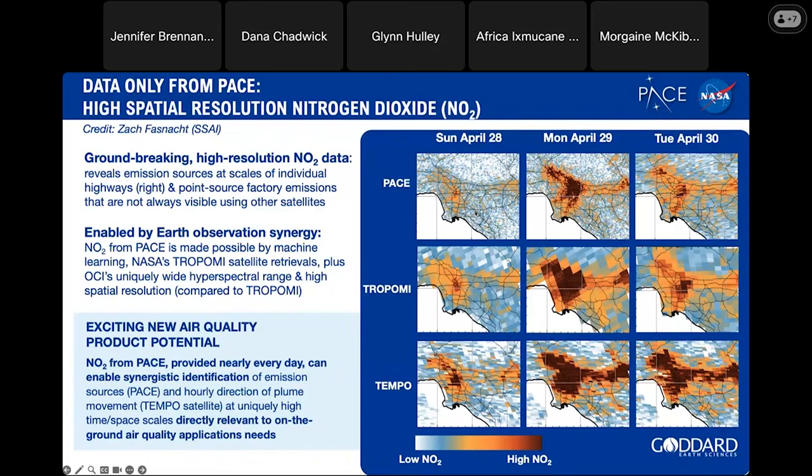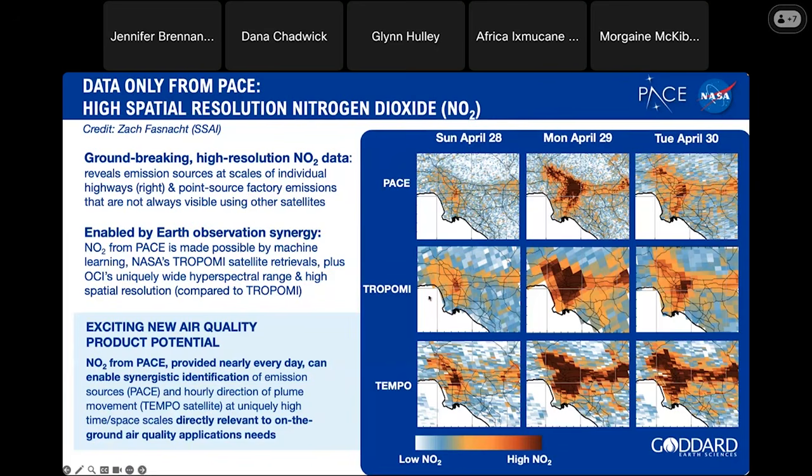So here we have PACE data over the LA area on three different days: a Sunday, a Monday, and a Tuesday. You can see the big difference in rush hour traffic and how it impacts the nitrogen dioxide content in the air. You can also see with PACE that we can see basically down to the highway level.